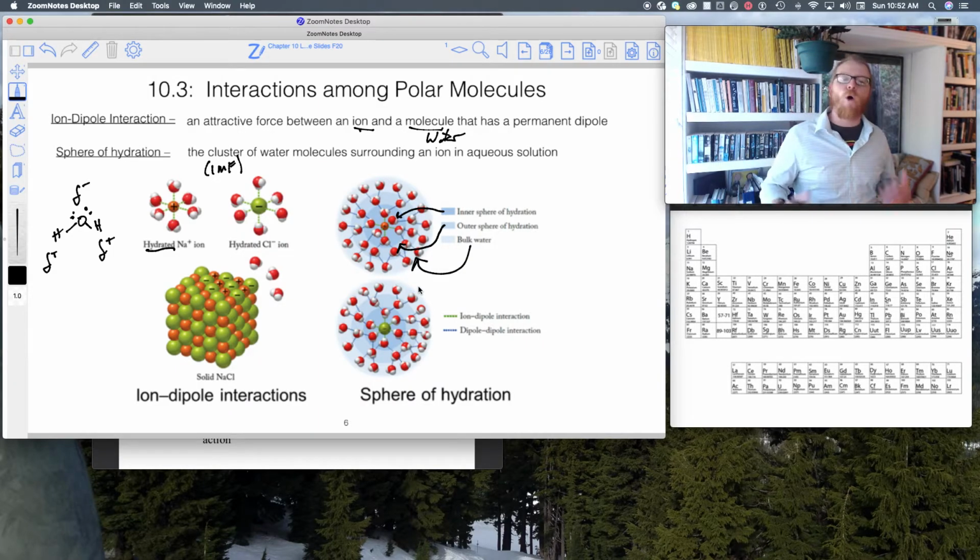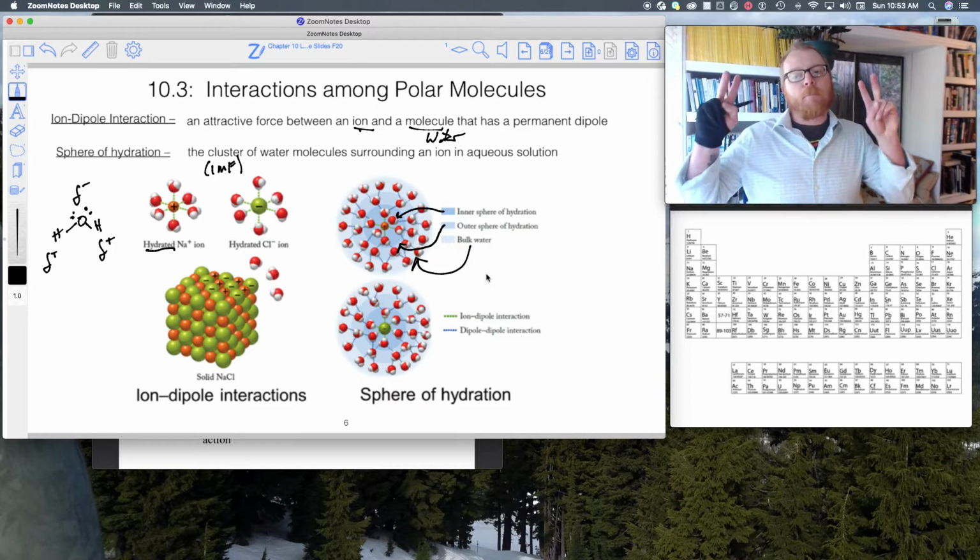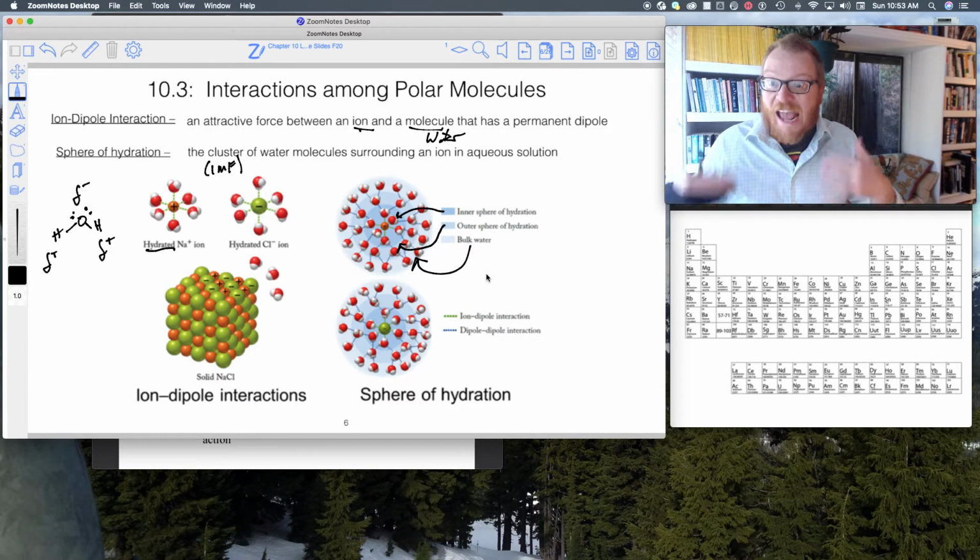And we call this bulk water because it's as if the ions are not even there. So to these water molecules that are on the very outside, it's like they can't even feel that there's a cation there, okay? And as you might imagine, the more concentrated one of these solutions becomes in ions, the less bulk water we have, okay?